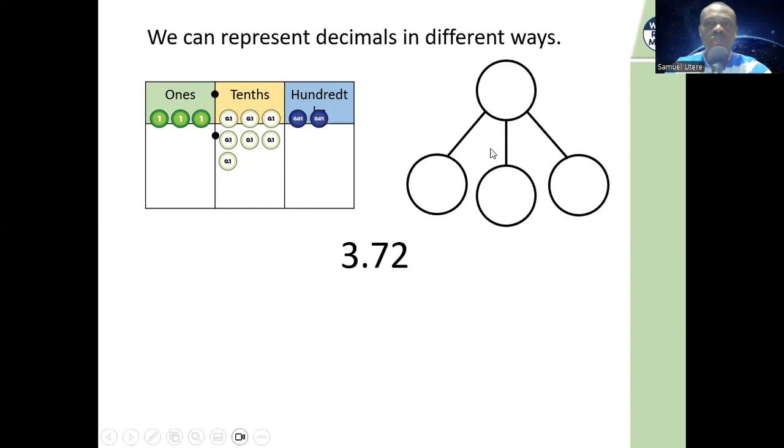We can also represent the number using a part-whole model. Now, part-whole model means we have the main number at the top, and then the different parts of the number, we'll write in these circles.